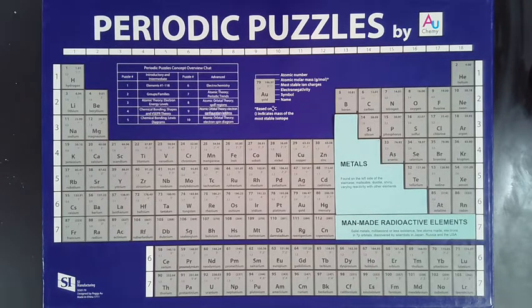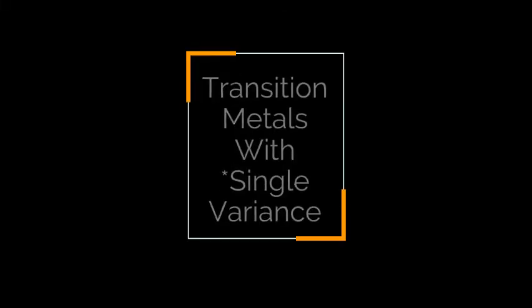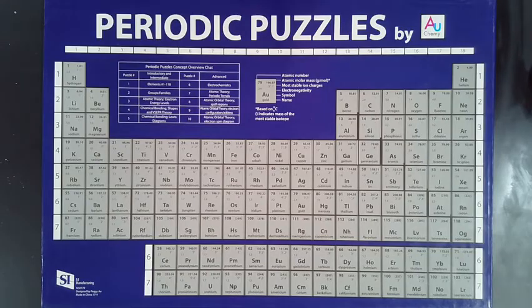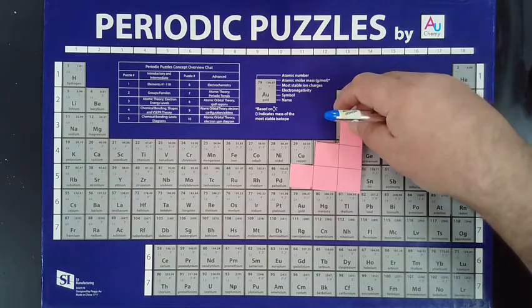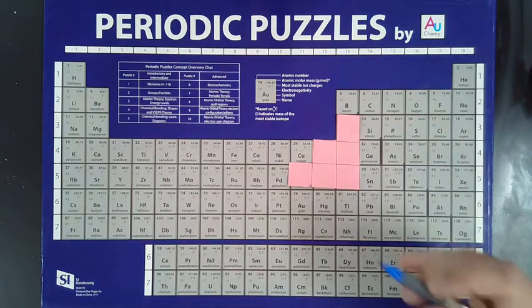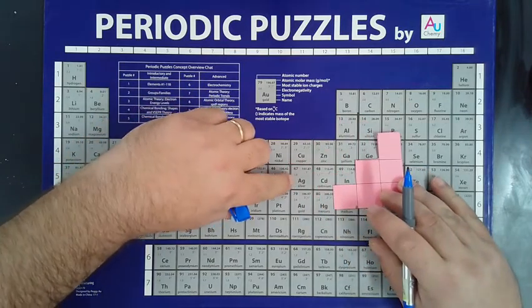There are three transition and three non-transition metals that you will need to know only form single valence ions. Silver only forms ions with a plus 1 charge.